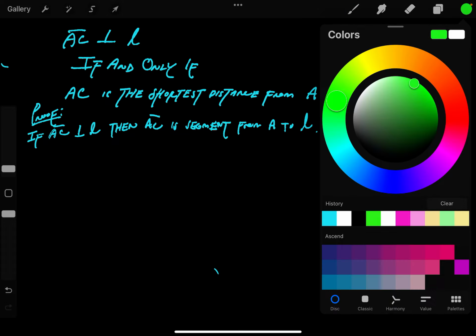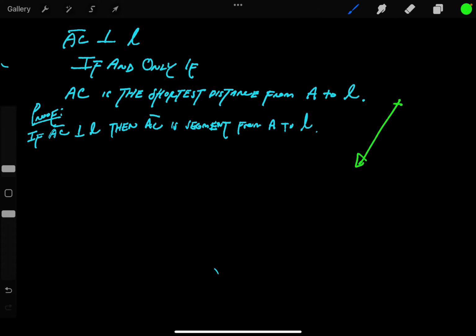Let's draw a picture of what this looks like and what I have in this situation. So I have some point A over here, and AC, this segment, is perpendicular to L. So this is line L right here, and I'm given that segment AC is perpendicular.